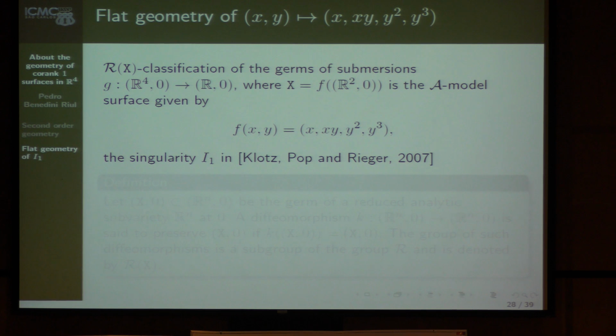Well, the first approach is to give an Rx classification of germs of submersions from R4 to R, where X is our model surface given by F. Then, using these normal forms, we will study for each orbit the related height function, and then we will study the flat geometry of this surface.